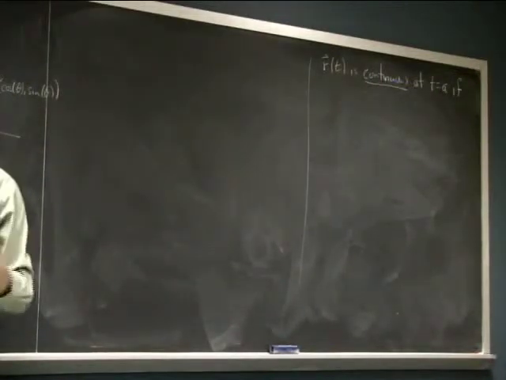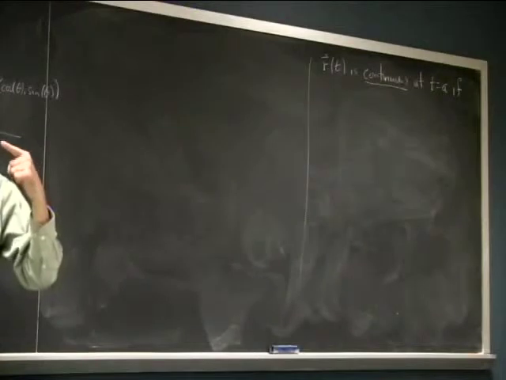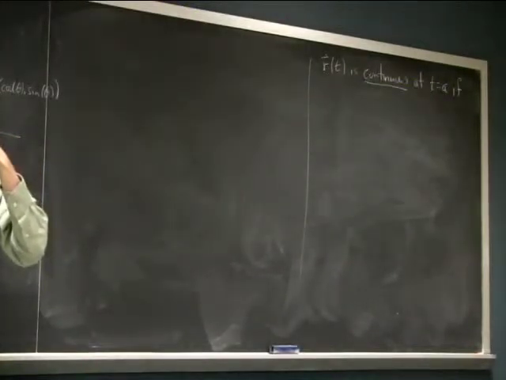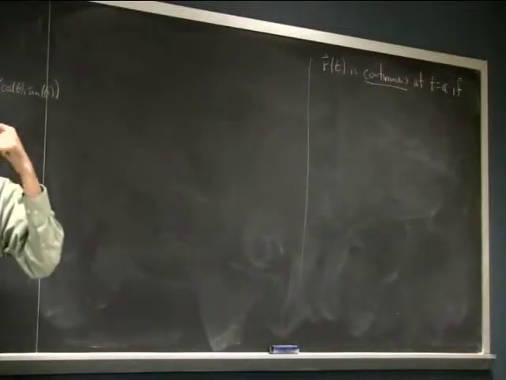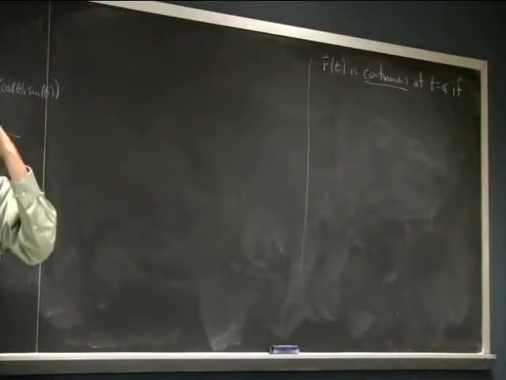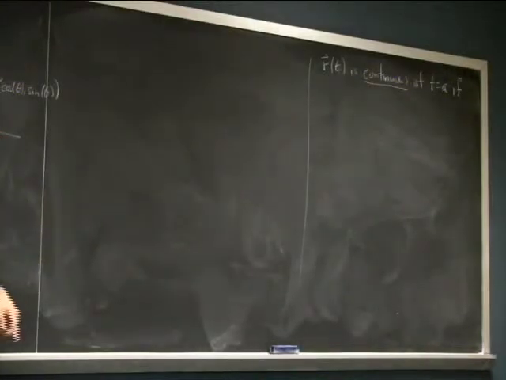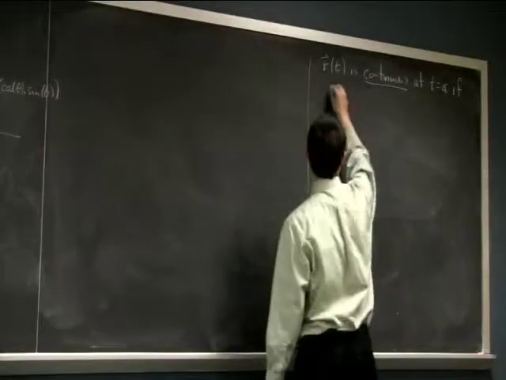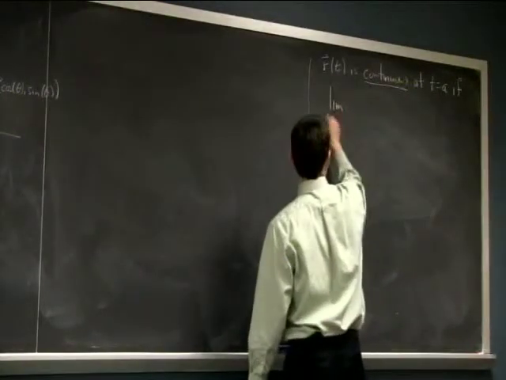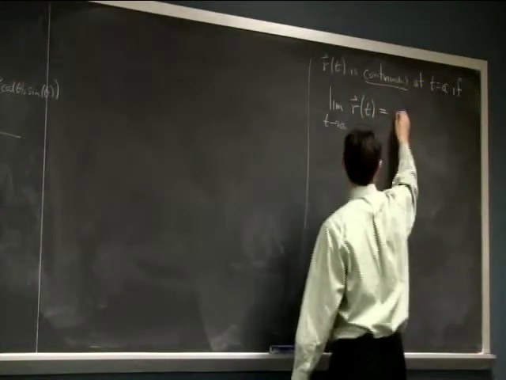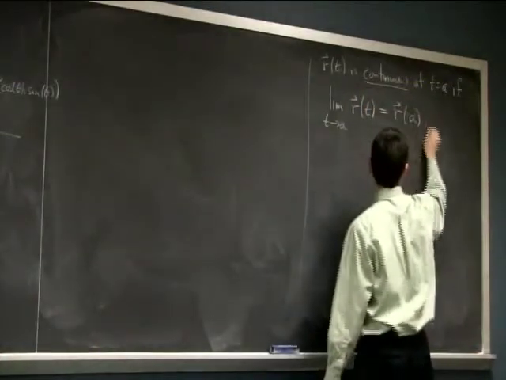But then also, what Kaiwei said, it shouldn't jump away. Like here you have a function that looks like this, the limit exists, it's that point in the middle, but at that point it might jump up, even though the limits both agree. And we don't want that to happen. We want the value of the function at that limiting point to be the limit. So r is continuous if the limit as t goes to a of r of t equals r of a.